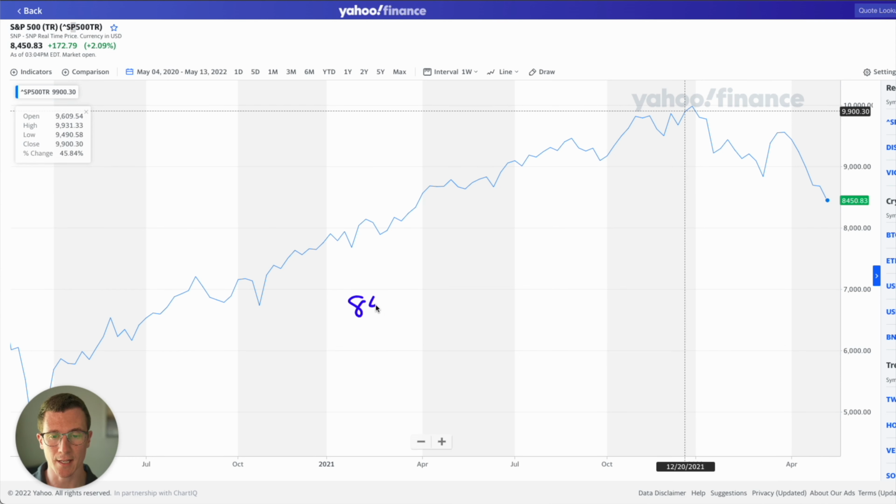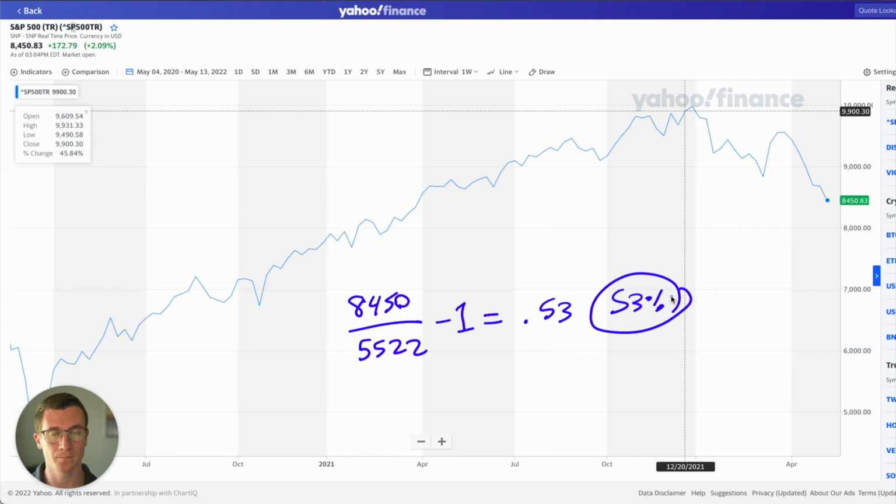So we can take $84.50 divided by $55.22, subtract 1, and that gives us 0.53 or 53%. So the S&P 500 index, if you just bought an index fund, would have generated 53% over this time period. So anything more than this, we would consider to be good stock selection. Anything worse than that you would consider poor stock selection.